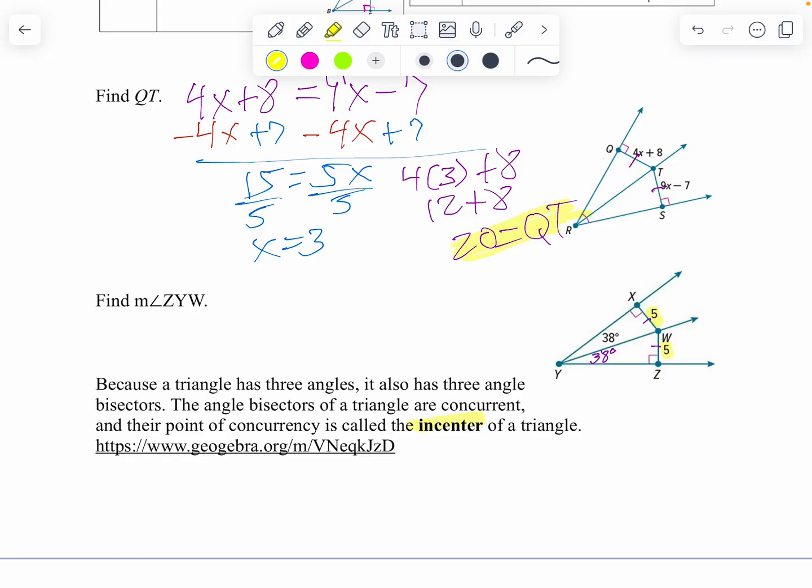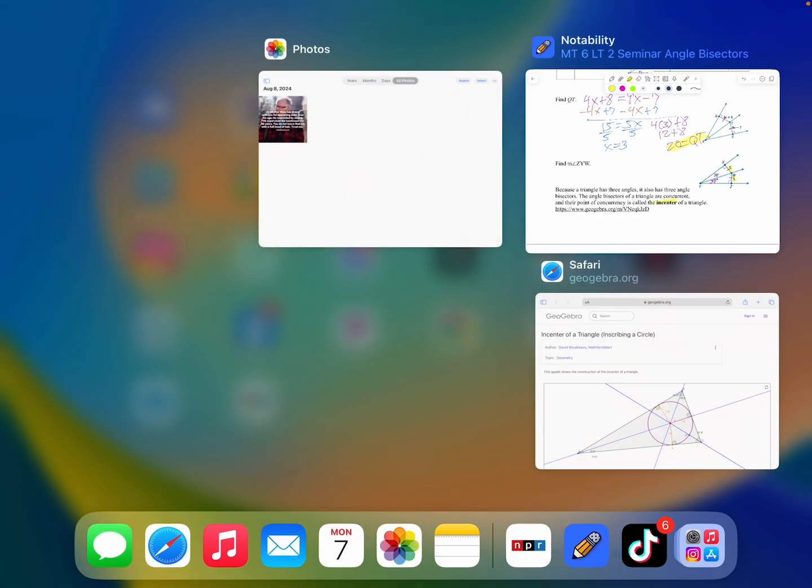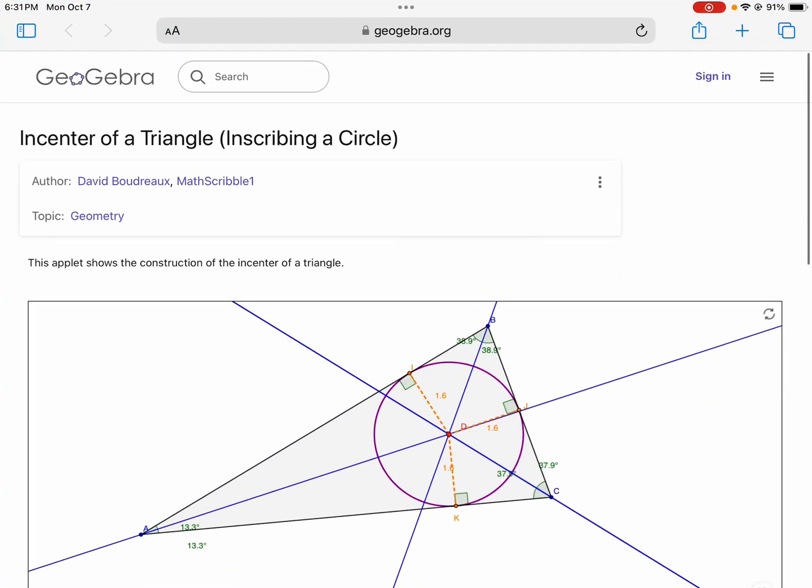If I take a look at a construction here that we did on the computer, I've got my angle bisectors. Notice I'm bisecting angle A, angle B, and angle C. They intersect at point D, which is what we call the in-center.